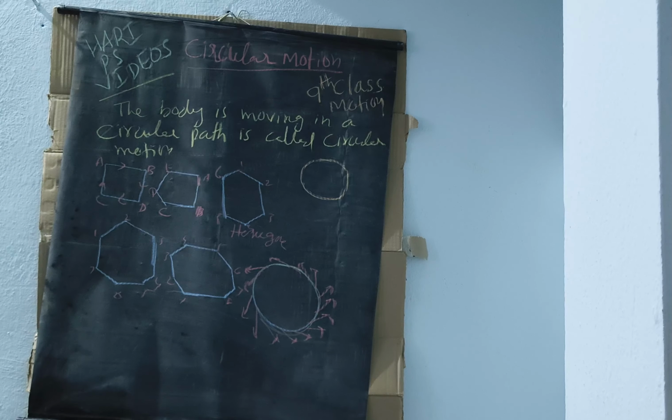When a body moves along a circular path, the direction of motion changes continuously. So the velocity changes. Therefore, the motion along a circular path is accelerated. When a body moves in a circular path with uniform speed, it is called uniform circular motion.